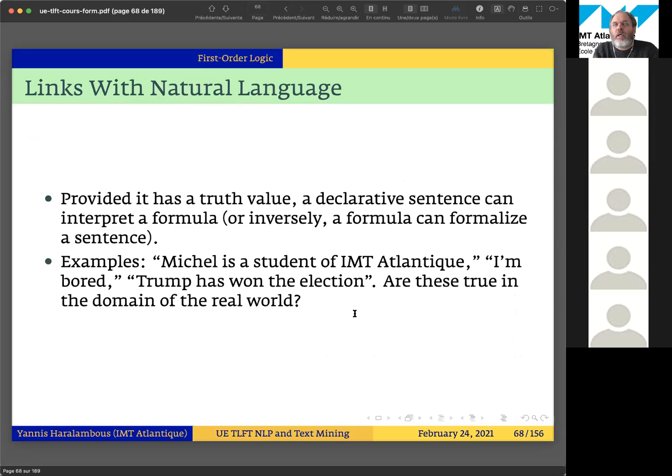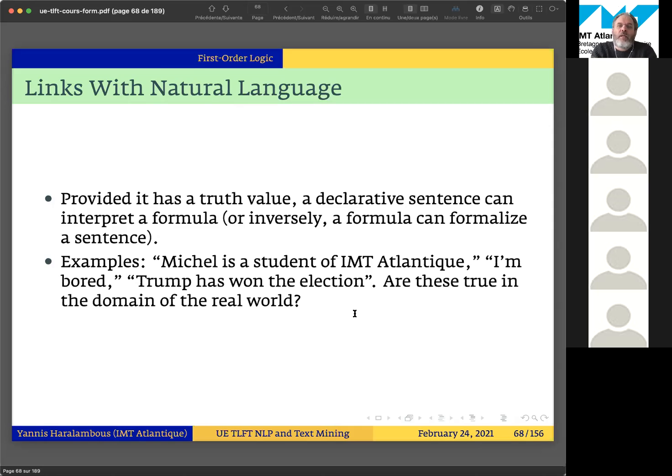Now, let us look at natural language, because this is our goal. We want to formalize natural language using first order logic. Whenever we have declarative sentences, most of the time, if they are simple enough, they can be interpretations of a formula.